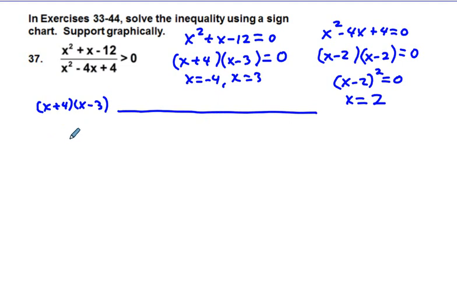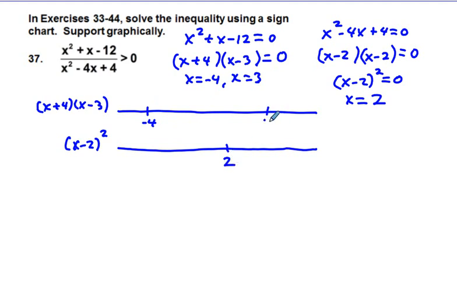And then below we have quantity x minus 2 squared. We put our critical numbers in ascending order. The lowest one is negative 4, so we'll put negative 4 right here. The next one is 2, which comes from the denominator. And the last one is 3, which comes from the numerator.